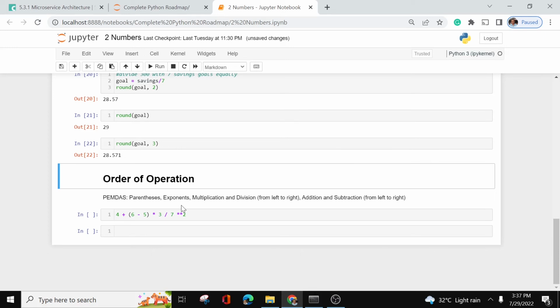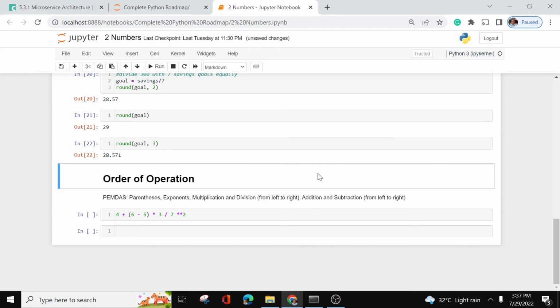So we have the keyword here, PEMDAS. P stands for parentheses. That means when there is a series of operations, it always starts with parentheses if there are parentheses in that series. Then if there are none, it proceeds to the exponent, then the multiplication, then the division, and then addition and subtraction.